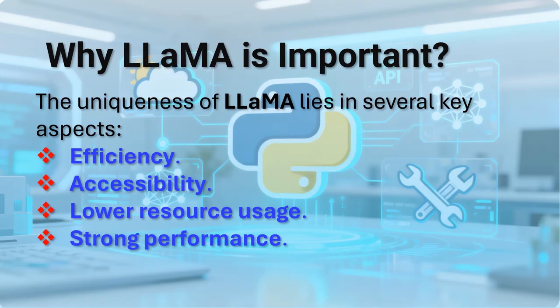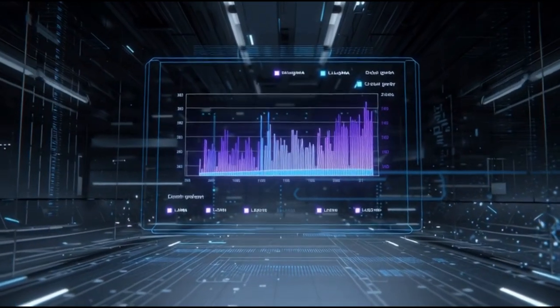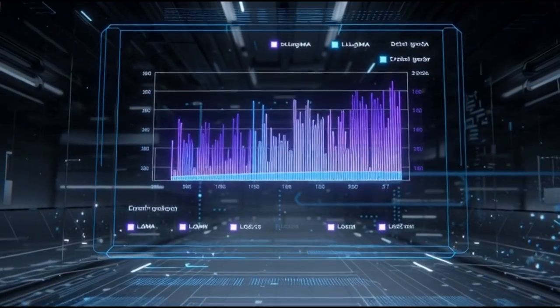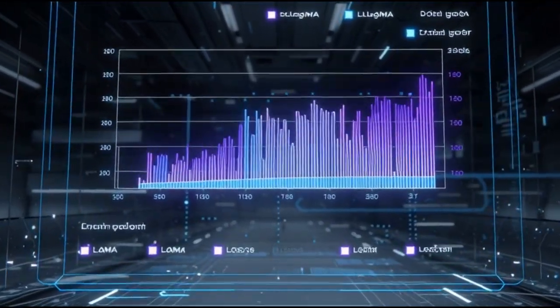Another major advantage is that it requires fewer computing resources compared to some other artificial intelligence models while still delivering strong performance. Because of these strengths, Llama has become an important tool in advancing innovation and development in the field of artificial intelligence. Generative AI is not just a technology trend. It is a powerful tool that is changing the future of work, creativity, and innovation.